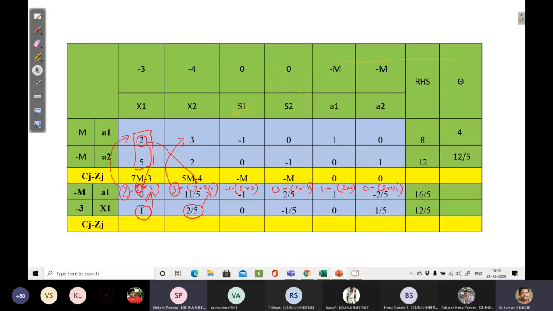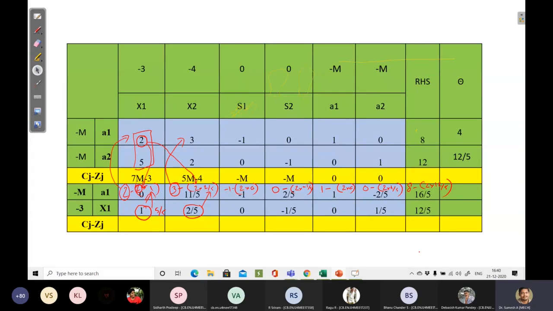And here also it will be 8 minus 2 into 12 by 5. So here we are directly calculating it. It is something like 5 by 5. This is the key row you have to reduce first with the help of the key number. The intersection row and column element is called the key number. We reduce the key row by dividing all the elements in that row by the key number.